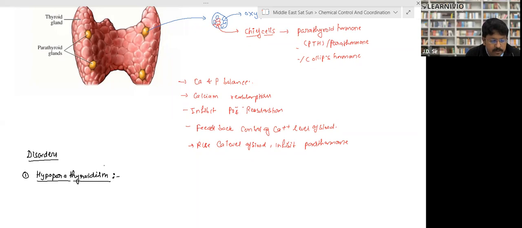It causes the lowering of blood calcium level. Full stop.